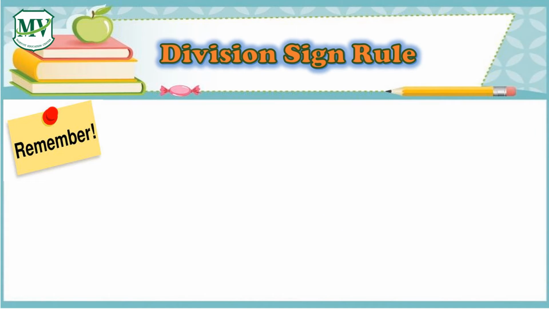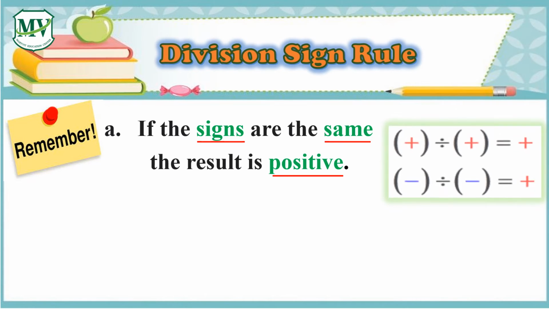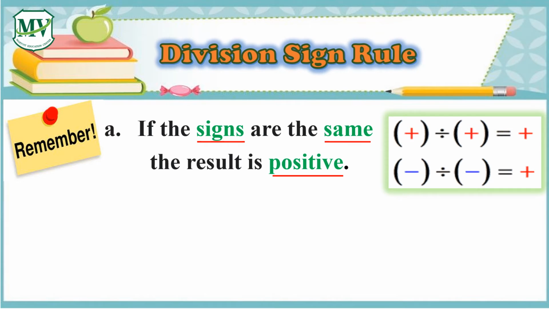This time, let's have a quick review about the division sign rule. Letter A. If the signs are the same, the result is positive. That means positive divided by positive equals positive. Negative divided by negative equals positive.